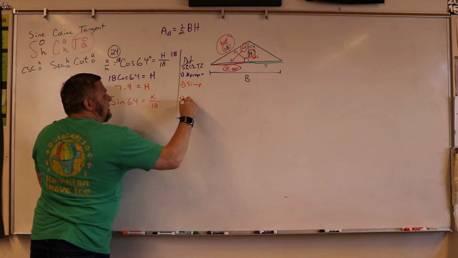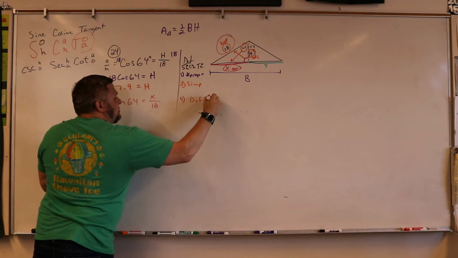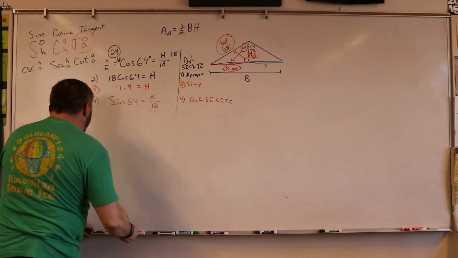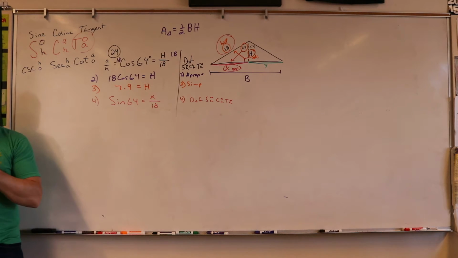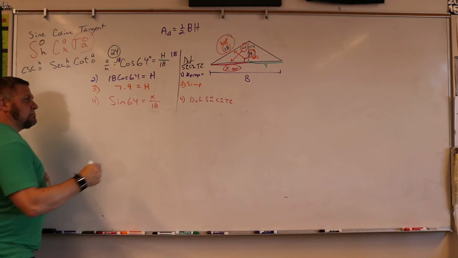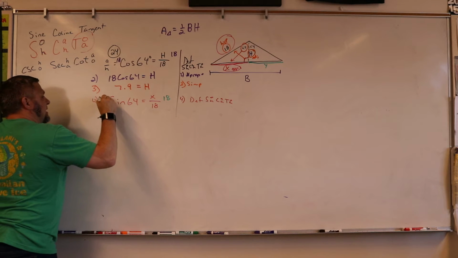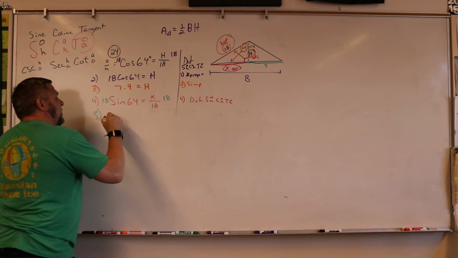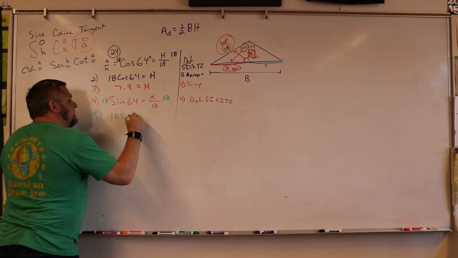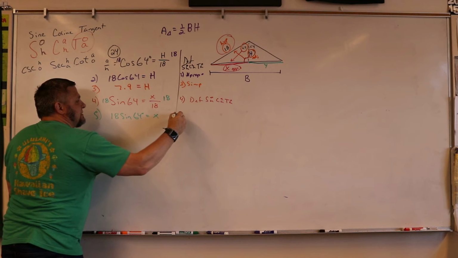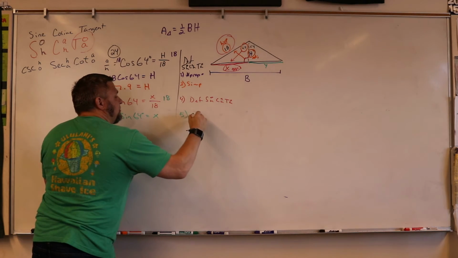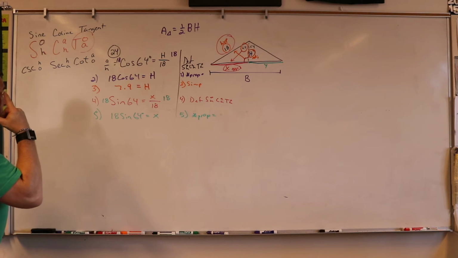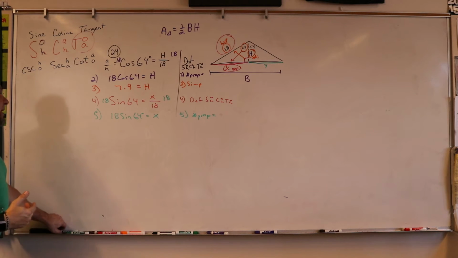And that is the definition of SOHCAHTOA. Okay? Alright, next. How do I get x alone? Multiply by 18, right? Okay? So, step 5 is 18 sine 64 degrees is equal to x, which is multiplication property of equality. Okay?